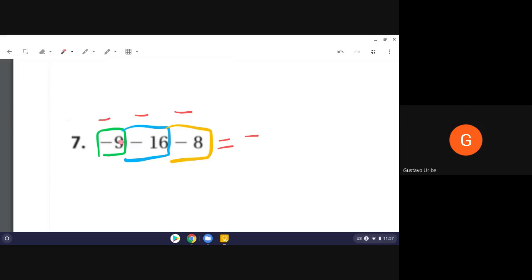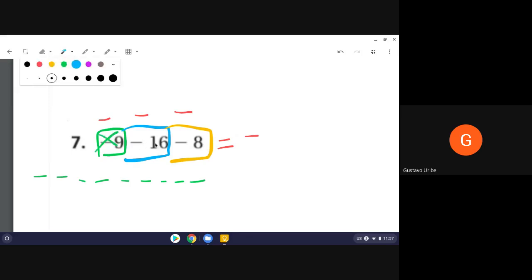If that still doesn't make sense, let's try different ways of expressing this. This is 9 negatives, right? So let's go ahead and draw the 9 negatives. 1, 2, 3, 4, 5, 6, 7, 8, 9. Okay, we took care of that one.